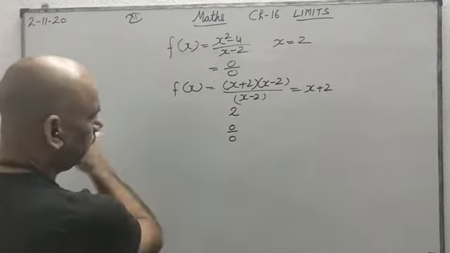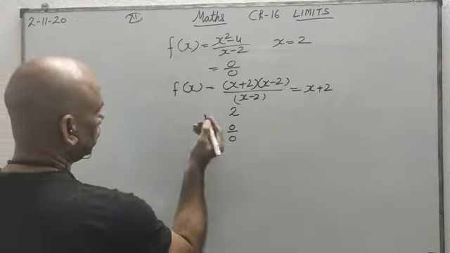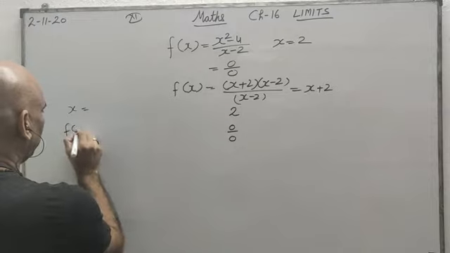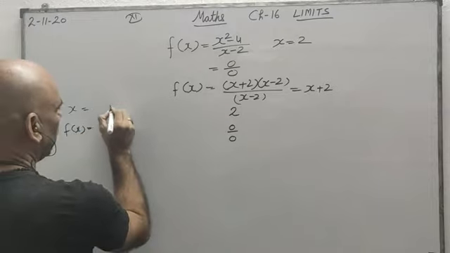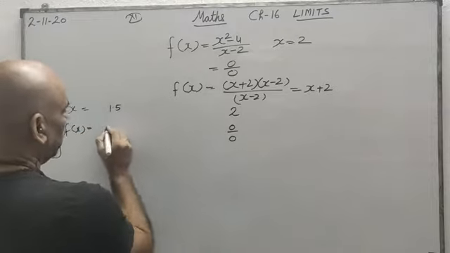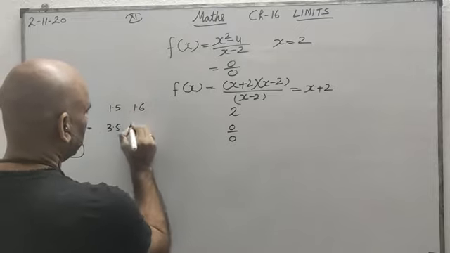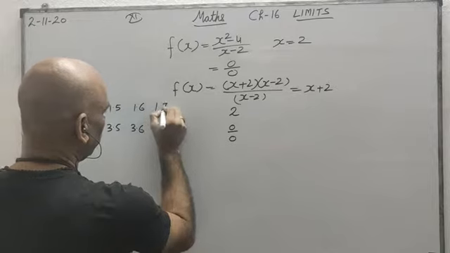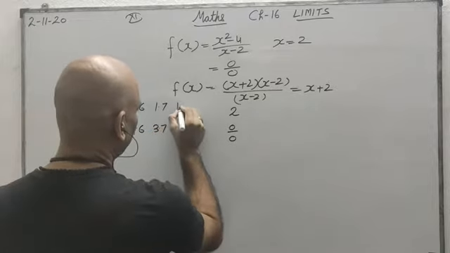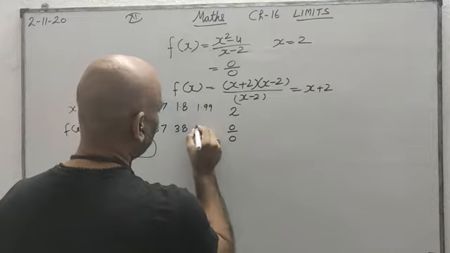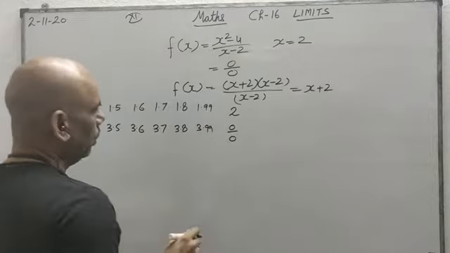Other than x is equal to 2, if I am taking these values of x, these will be the values of f(x). If I am taking 1.5, then the value of f(x) will be 3.5; 1.6, 3.6; 1.7, 3.7; 1.8, 3.8; 1.99, 3.99.